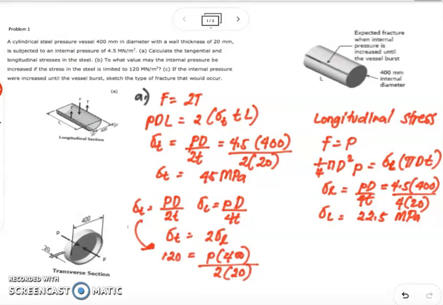So therefore, our internal pressure is equal to 12 MPa.